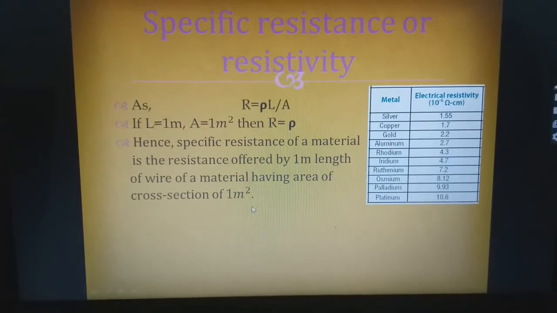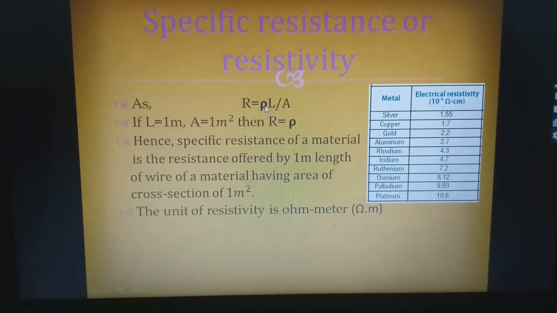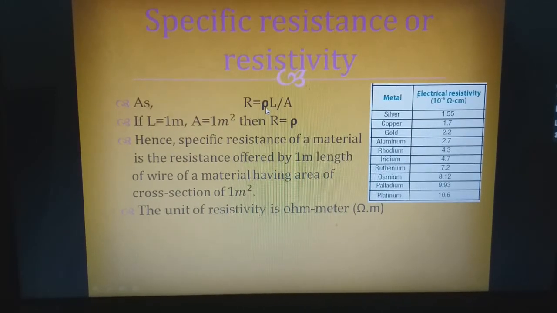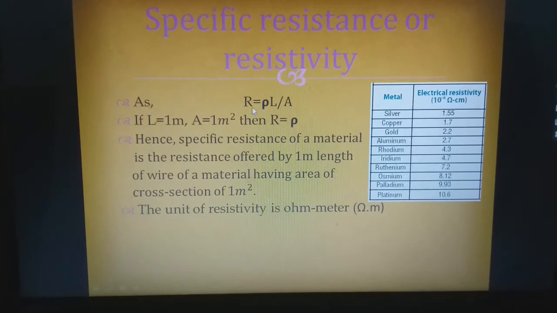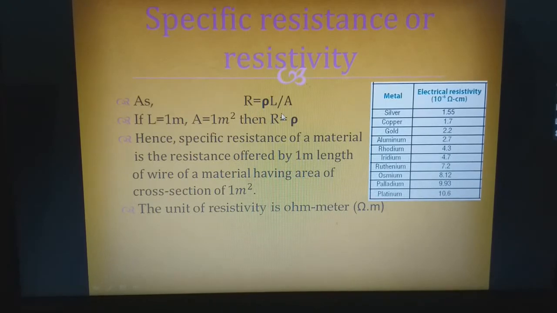The unit of resistivity is ohms into meter. You can derive the unit from this formula by solving for rho. Rho is equal to RA over L. Putting the units of R, L and A, we get ohms into meter. You can solve it.